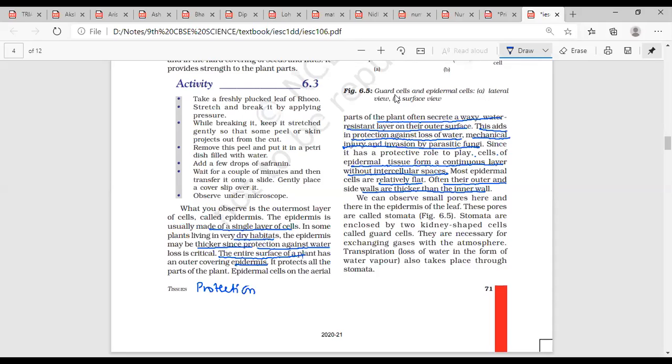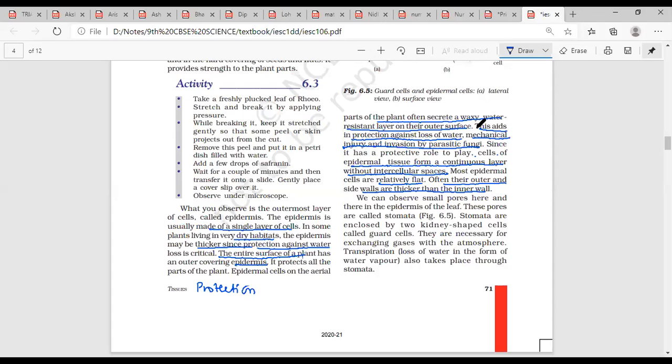Transpiration is the process in which water evaporates through the leaves. So that transpiration is prevented due to thicker outer walls and the waxy layer over the epidermis. It's clear?